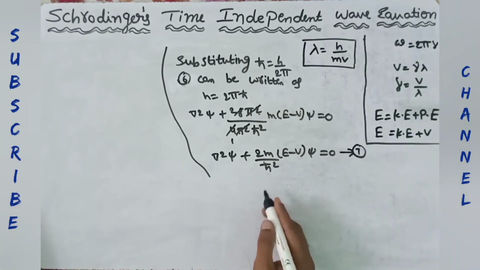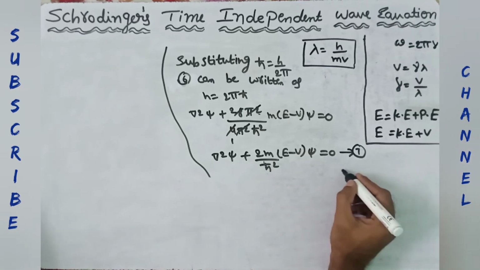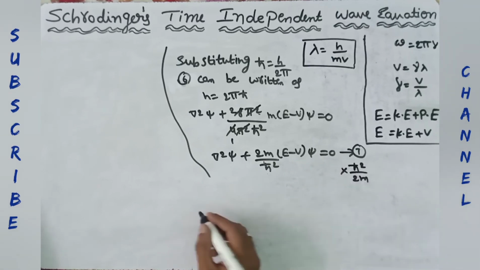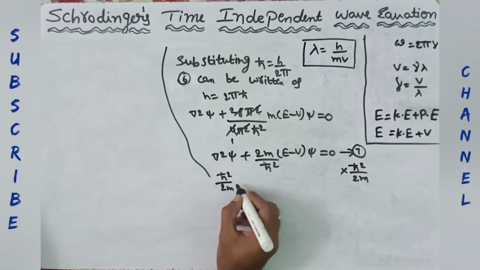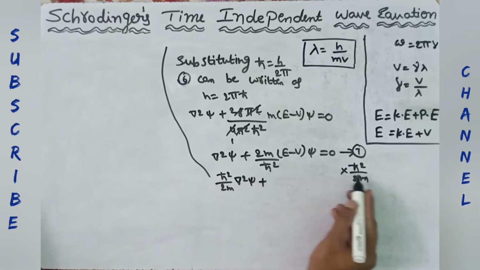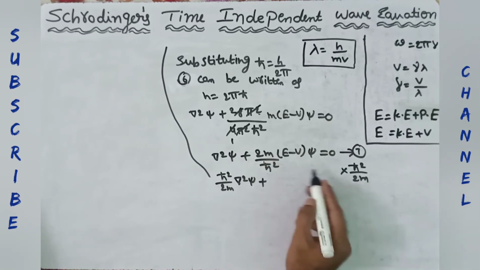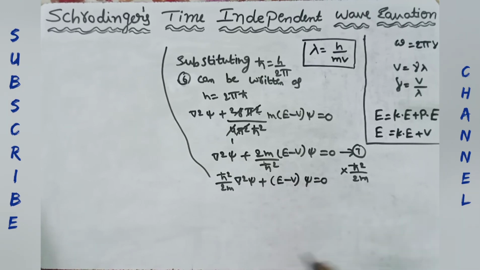For removing 2m by h cut square in the second term, we divide this entire equation by 2m by h cut square. Then this becomes h cut square by 2m del square phi. The 2m by h cut square and h cut square by 2m get cancelled. We get E minus V into phi is equal to 0.